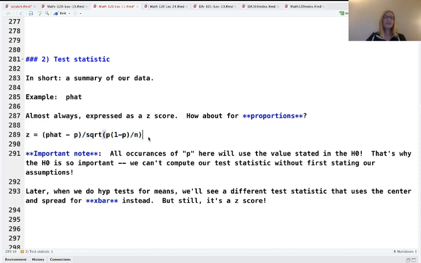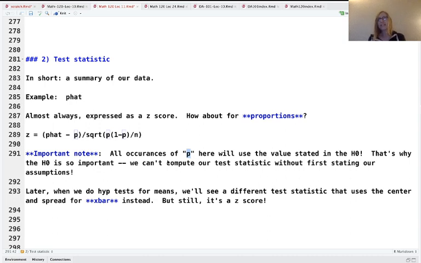So this is a single number that summarizes what's going on in our sample results. And one thing I want to mention here, all of these occurrences of p, here's one, here's a p, and here's a p, all of those are the same value that's in the null hypothesis.